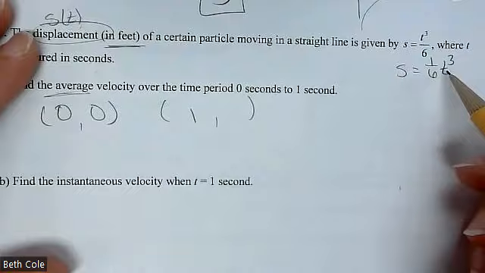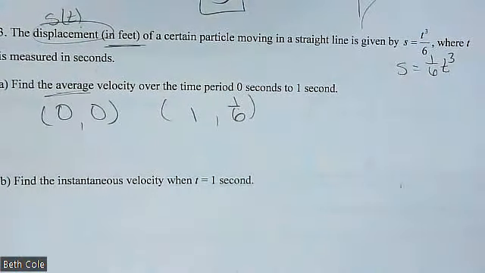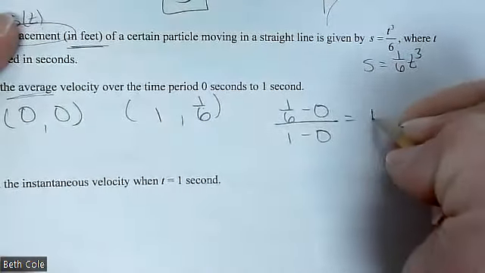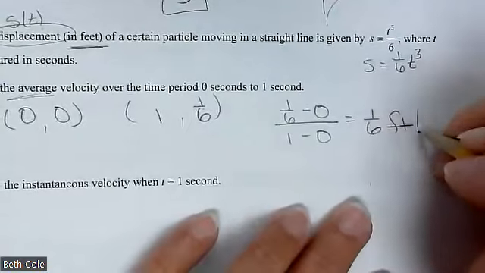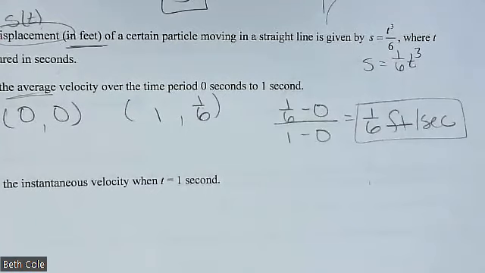If you plug in 1, you get 1/6. And then you find the slope. So it would be (1/6 - 0)/(1 - 0), which I would usually say do nothing, but that comes out to 1/6. And then units: feet per second. Whether it's an average rate of change or an instantaneous rate of change, I get that they're different. It's still a rate of change, so something per something.